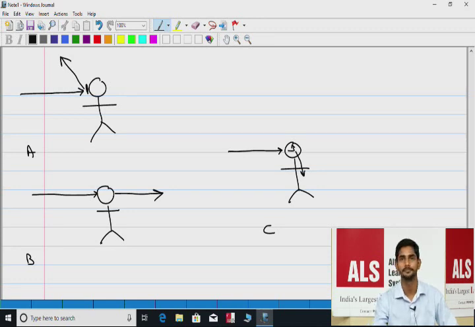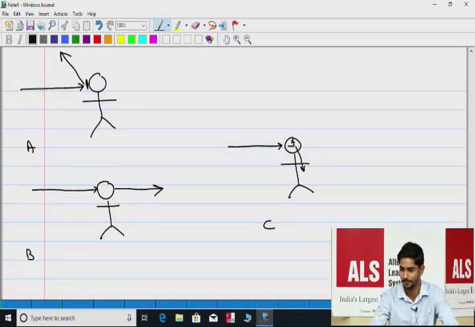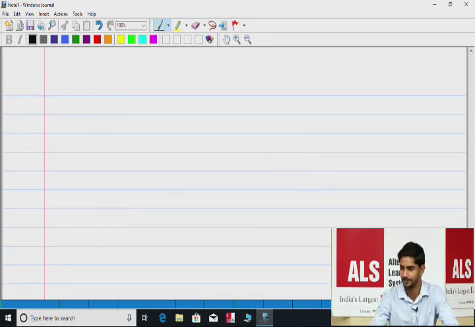Okay, let's move on. And if you find any other fourth category, please tell me, because till now I have observed only these three categories. Okay, I'll discuss that.